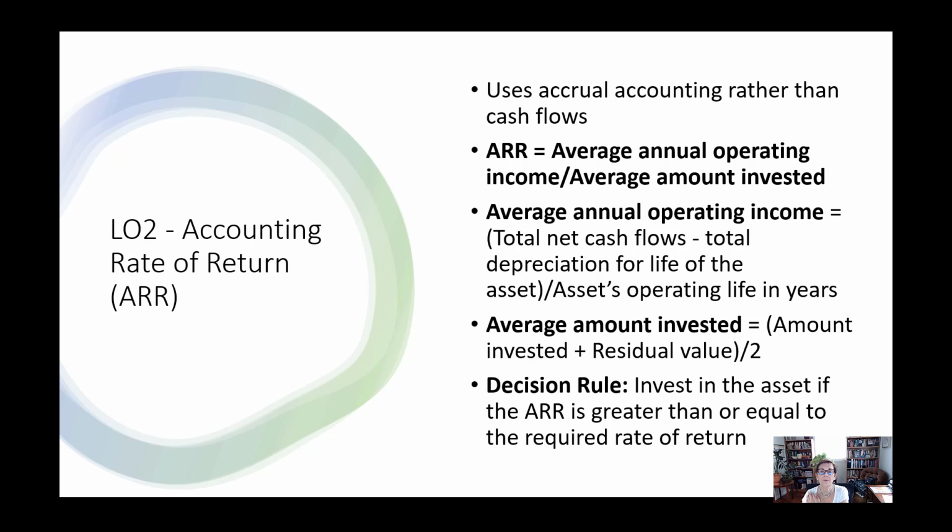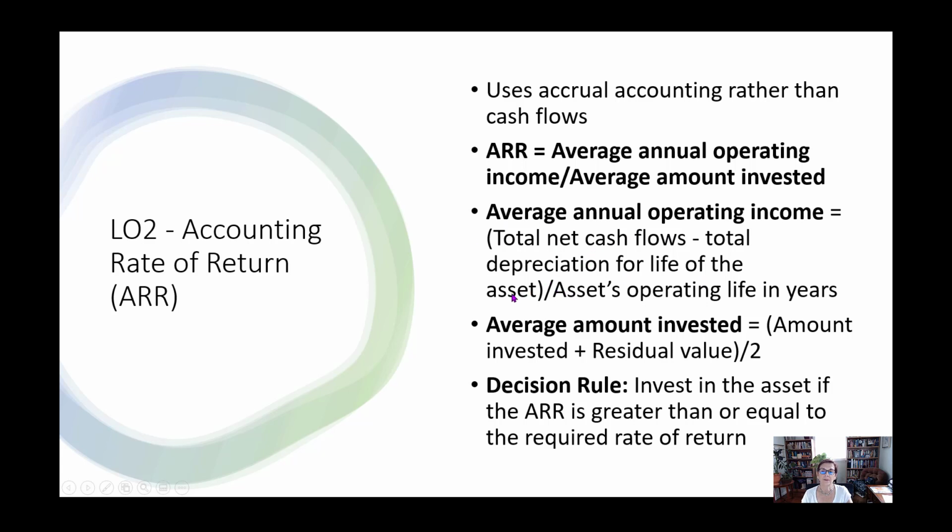So the accounting rate of return, or ARR, is equal to the average annual operating income divided by the average amount invested. And now let's take a look at how we calculate those. So the average annual operating income is equal to the total net cash flows for the whole life of the asset minus total depreciation for the life of the asset, depreciation expense.